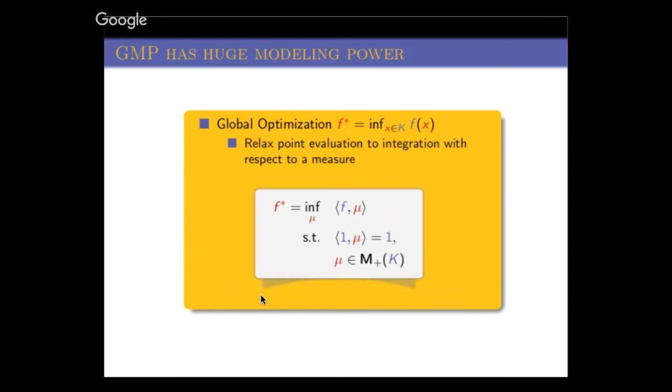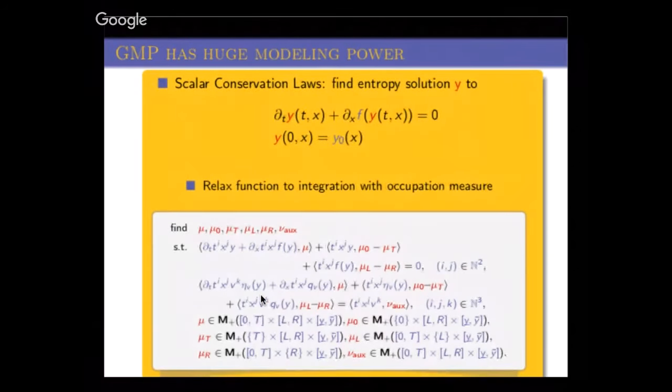The problems I'm interested in look more like that. You don't need to understand what is written there. Just saying I have several measures, I have more complicated constraints. And this problem is actually solving a partial differential equation. So this is far away from optimization now, but still we can solve an optimization problem to find a solution to our original problem.